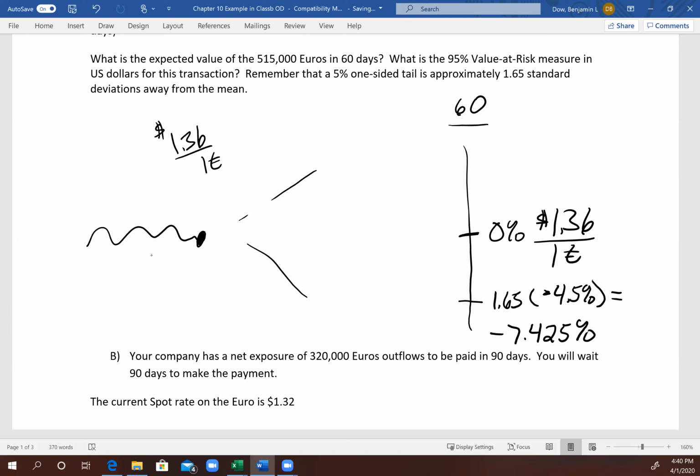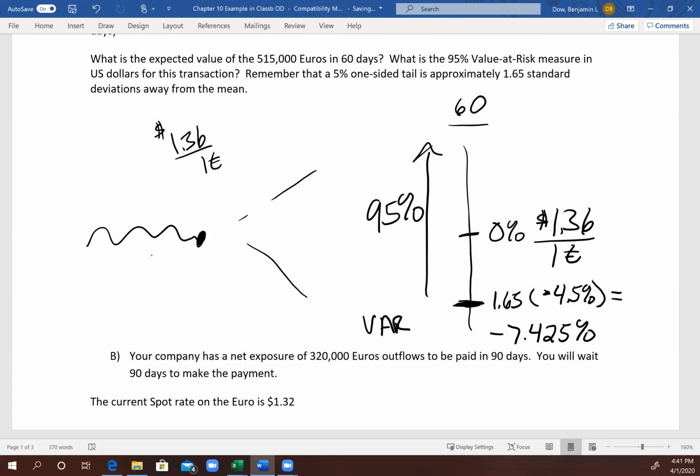That's the worst case scenario. Anything above that should occur 95% of the time. So my value at risk is really, I'm comfortable saying, the most I'll lose relative to what I expect.